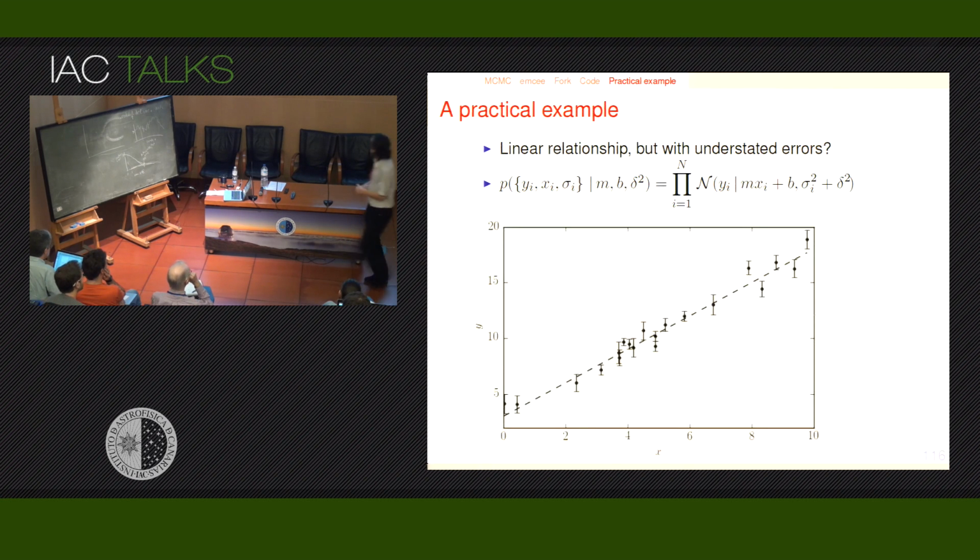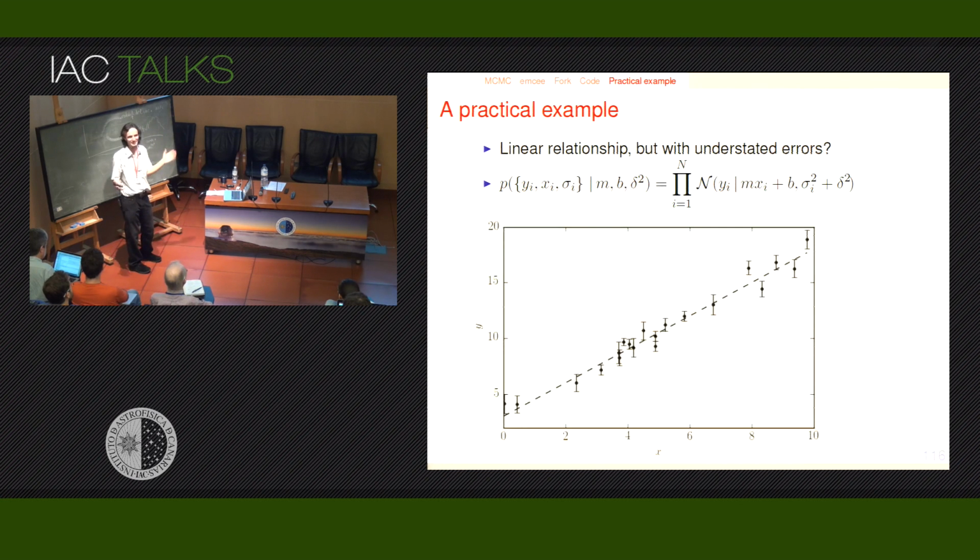Imagine this pretty typical, simple case. You've got a bunch of data points. They have x coordinates that we're going to assume you know perfectly with no uncertainty, and some y measurements with some stated error bars, and you don't necessarily believe them.